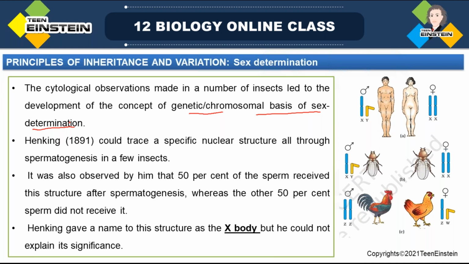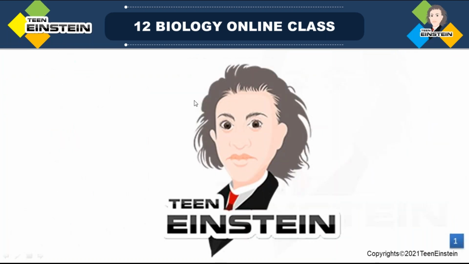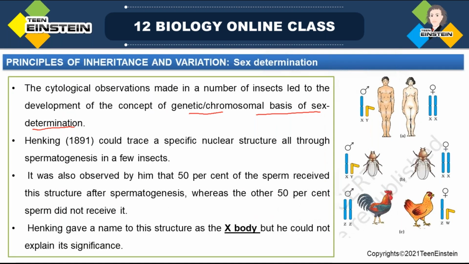Scientists conducted a number of studies in the area of genetics, and they conducted so many experiments with a number of insects, and that led to the development of another concept, the concept of genetic or chromosomal basis of sex determination.